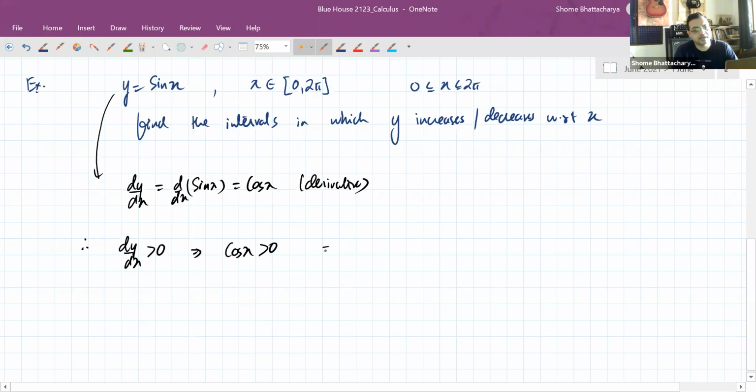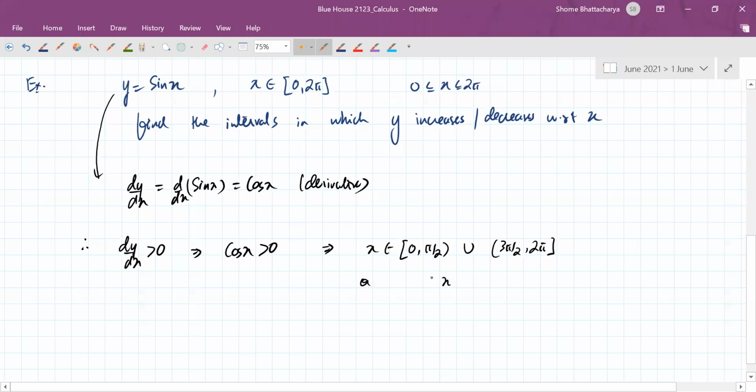And we know that that happens for x belonging to 0 to pi by 2, union with 3 pi by 2 to 2 pi.